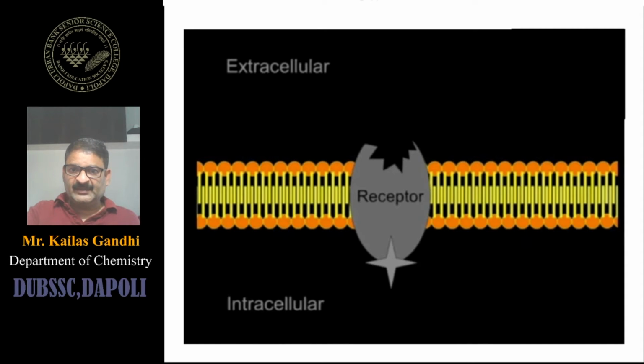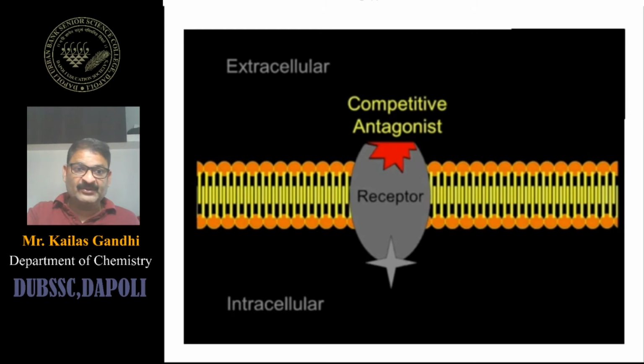So here the receptor is there and the antagonist is coming, which is the competitive antagonist. When it comes, it blocks the receptor site. So if the agonist comes, there is no available attaching site for the agonist.